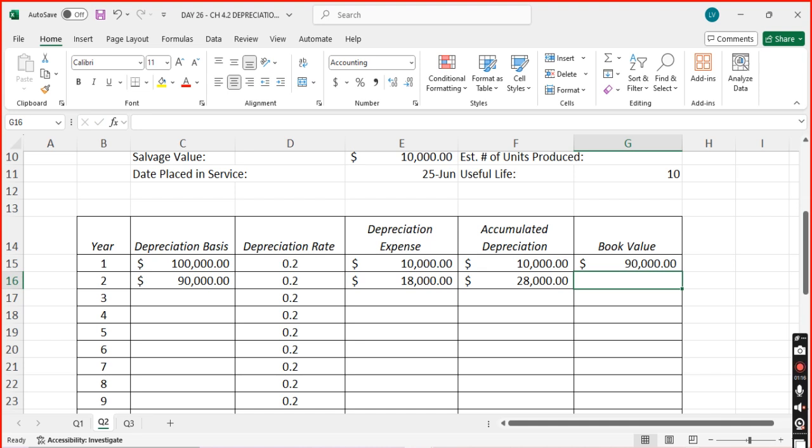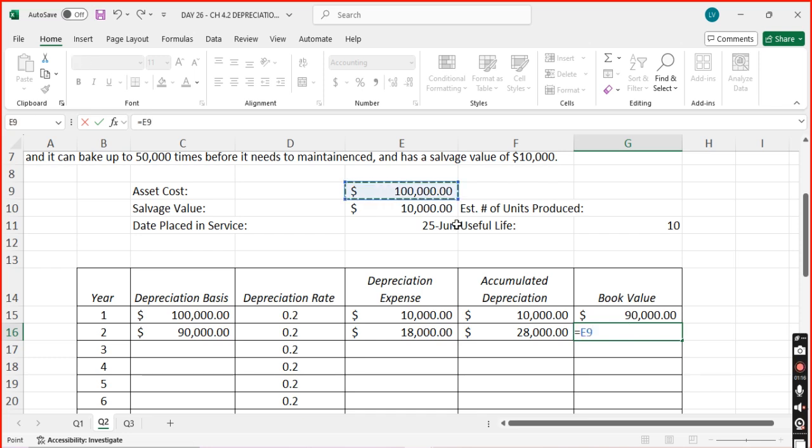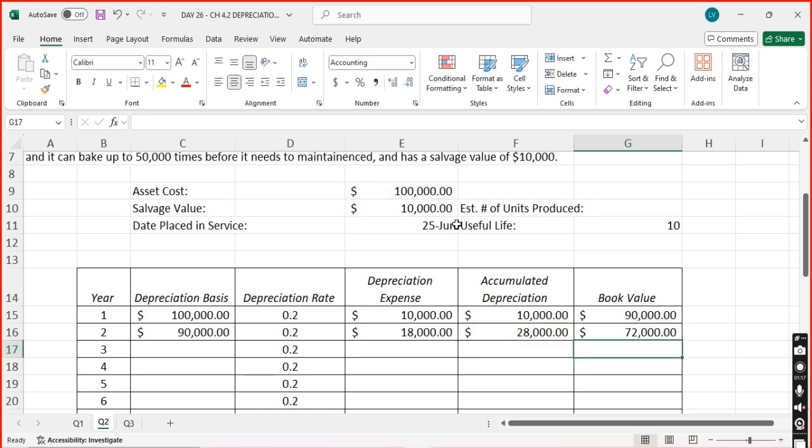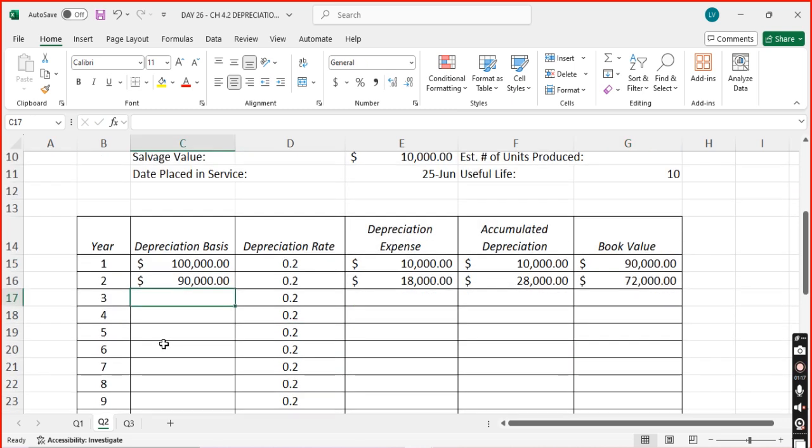Because you add those two values together. And then what is my book value going to be at the end of year 2? $72,000.